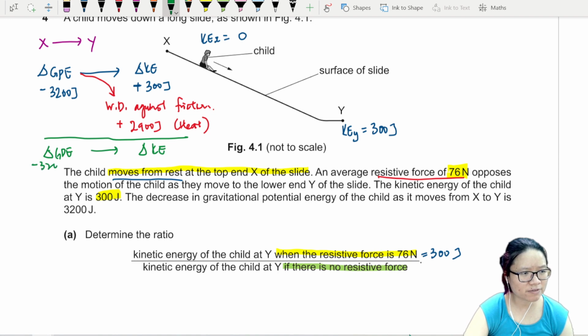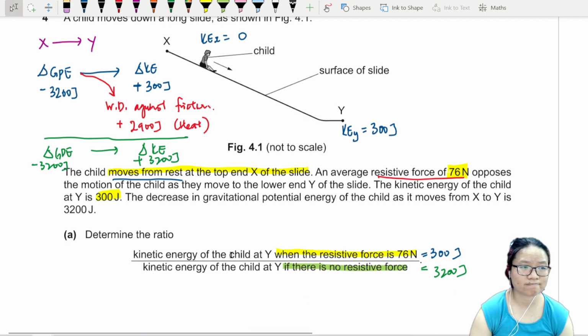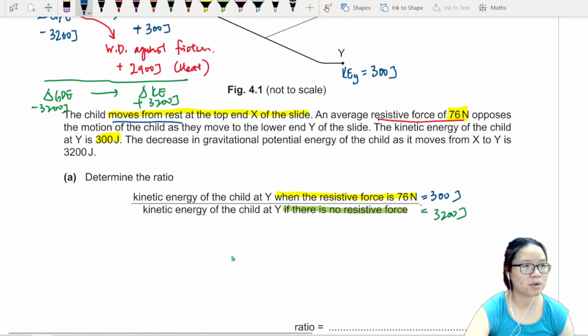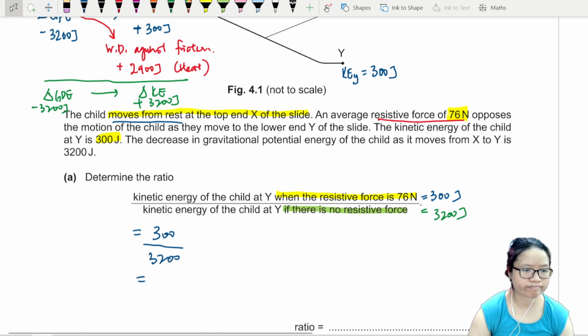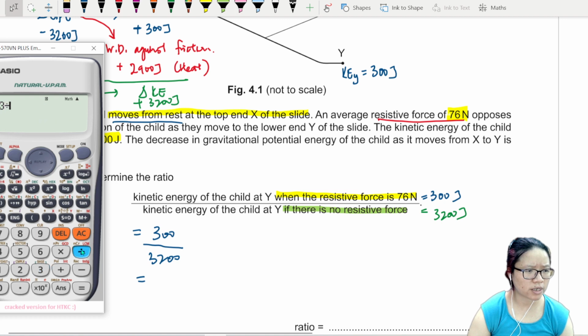So negative 3200 joule on one side, positive 3200 joule on the other side. No loss, no leakage, 3200 joule. So this is the ratio that we're talking about. We just need to write 300 over 3200, which is 3 over 32.